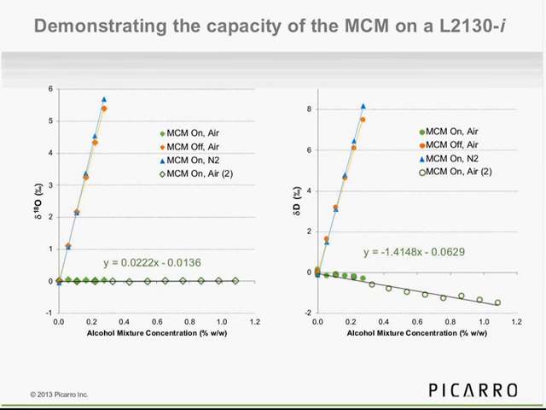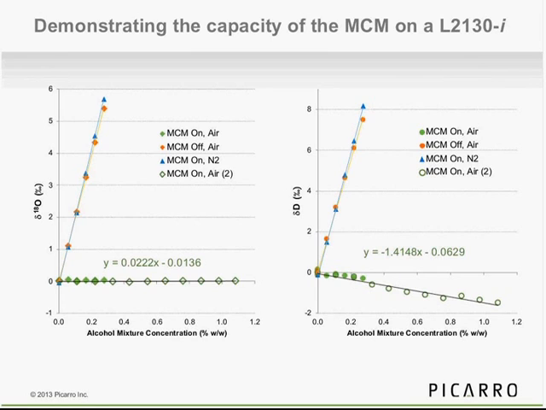Just to demonstrate that it is actually doing something, we test all of our MCMs before shipping with simulated plant water solutions. It's a mixture of ethanol, methanol, and I believe prenols. It's a solution that we mix to approximate what we think a plant water solution would be, and we then compare running with the MCM on to the MCM off.